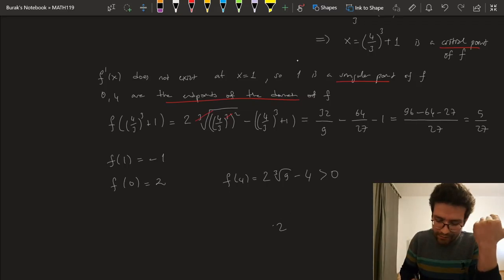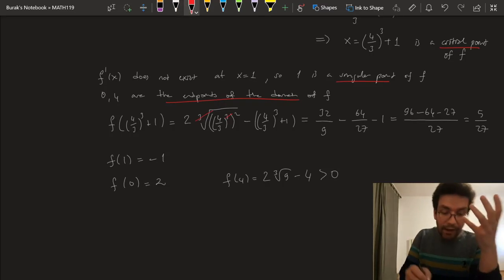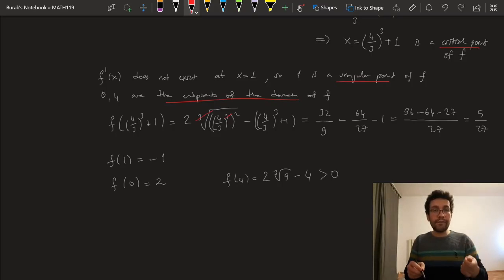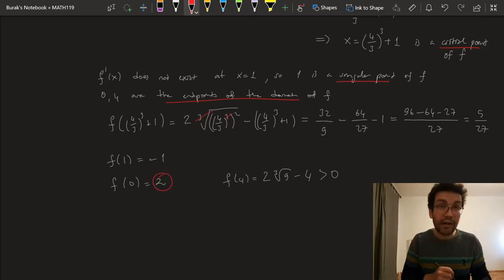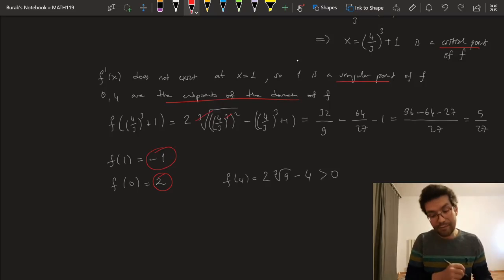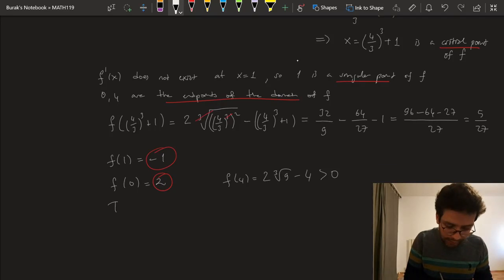So why am I saying this? It's because I plugged in the candidate points, and I'm searching for the maximum and minimum values, so I have to be able to compare these values. This is positive. This is 5 over 27. This is 2. This is clearly the largest value, and this is the smallest one.